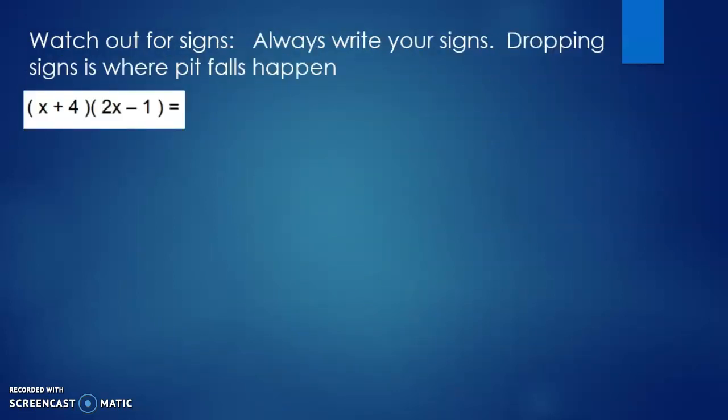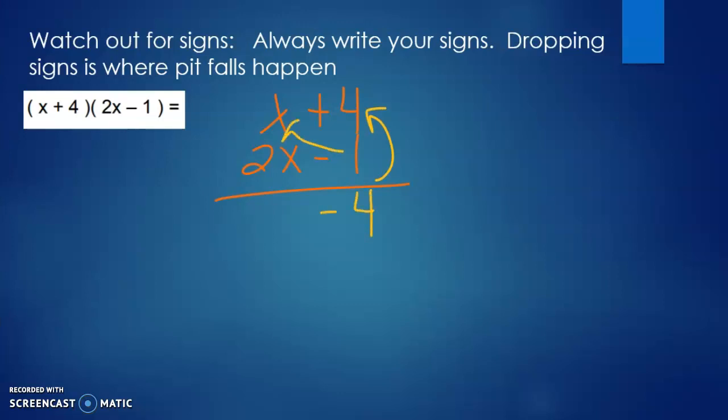The next one, I'm going to have x plus 4 times 2x minus 1. I'm going to do a negative 1 times a positive 4, which is a negative 4. A negative 1 times an x is a negative x.